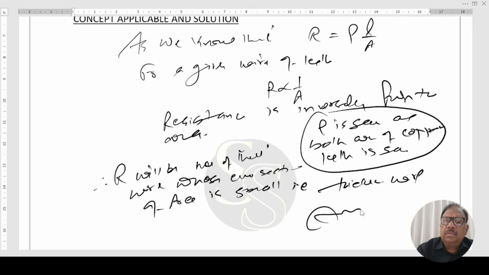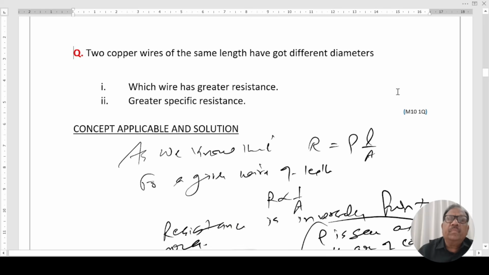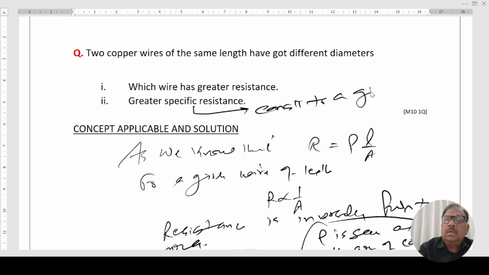That is enough. So the second part is greater specific resistance. This will be constant for a given wire at a given temperature. Right. Next question.